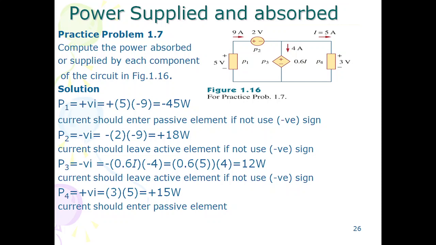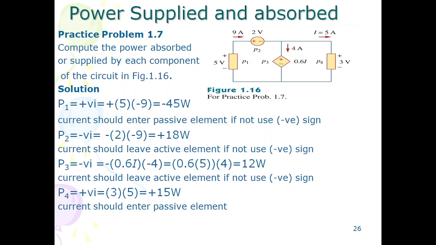Now P1 is basically a passive element, and it always absorbs power, so plus V into I, and the voltage across it is 5 volt, but in every passive element current should always enter the positive terminal, but in this case current is coming out of the positive terminal, so a minus sign is used over here.